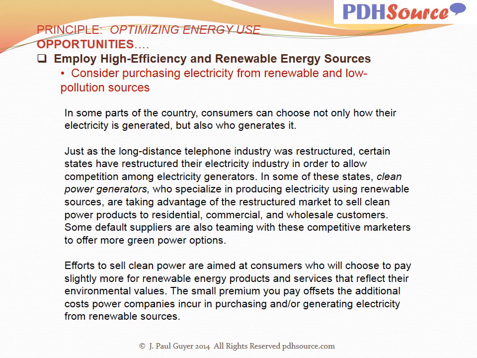And another option, and this falls into the O&M category, is to consider purchasing electricity from renewable and low pollution sources. Many utilities are now set up to do this.